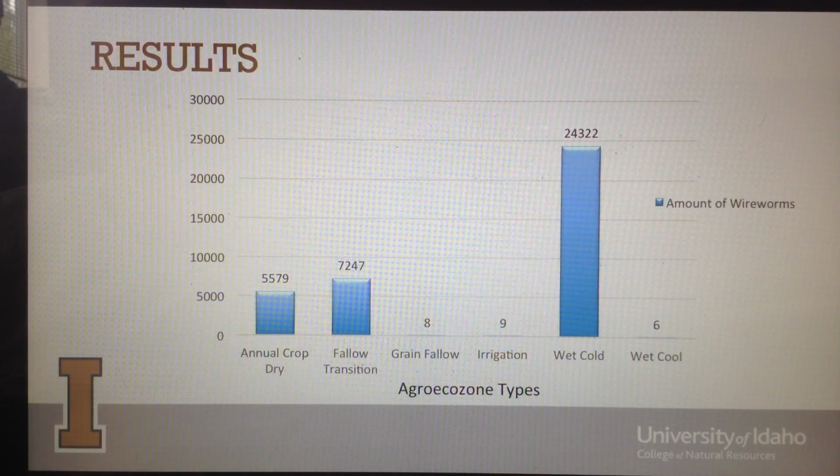And then obviously the wet cold agroecozone contained the most wireworms, which was about 24,000. And then wet cool only had 6, irrigation had 9, and grain fallow had 8. So with these results, it was pretty obvious that the wet cold agroecozone contained the most wireworms.